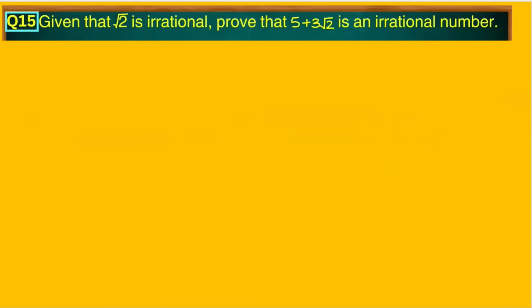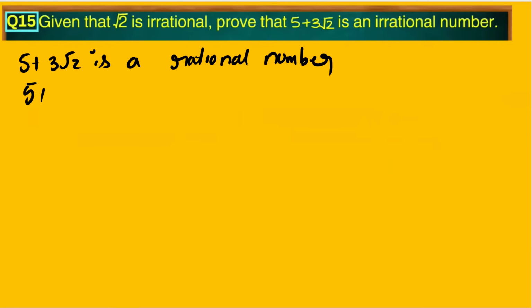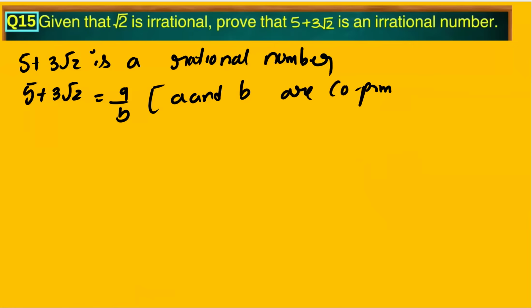So our next question: given that root 2 is irrational, prove that 5 plus 3 root 2 is an irrational number. So first we have to assume that 5 plus 3 root 2 is a rational number. So we take the contrary, that it is rational, and we equate 5 plus 3 root 2 to a by b, where a and b are co-prime, which means they have no factor other than 1.